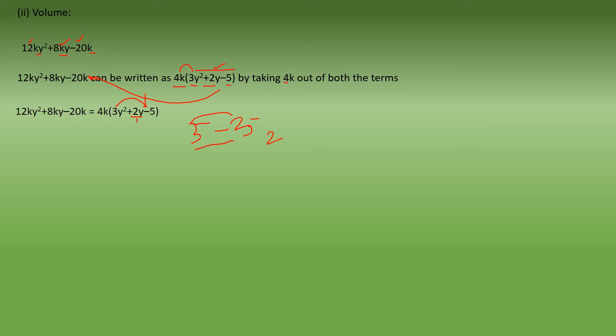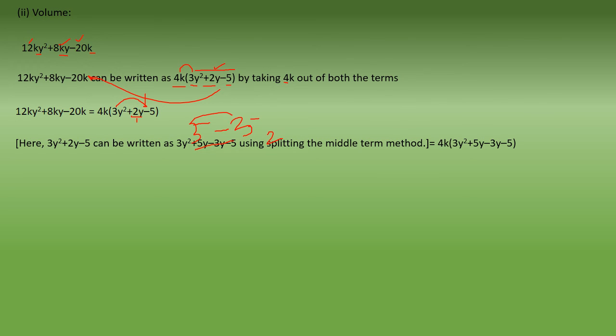So we can write this expression as 4k into 3y square plus 5y minus 3y minus 5. We have split the middle term into 5y and minus 3y, because when we multiply 5 and minus 3 we get minus 15, and when we add them we get 2y positive.